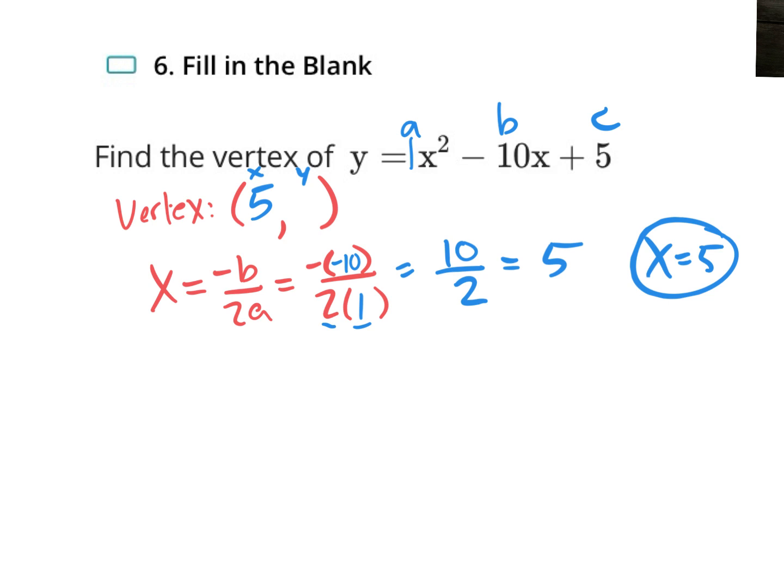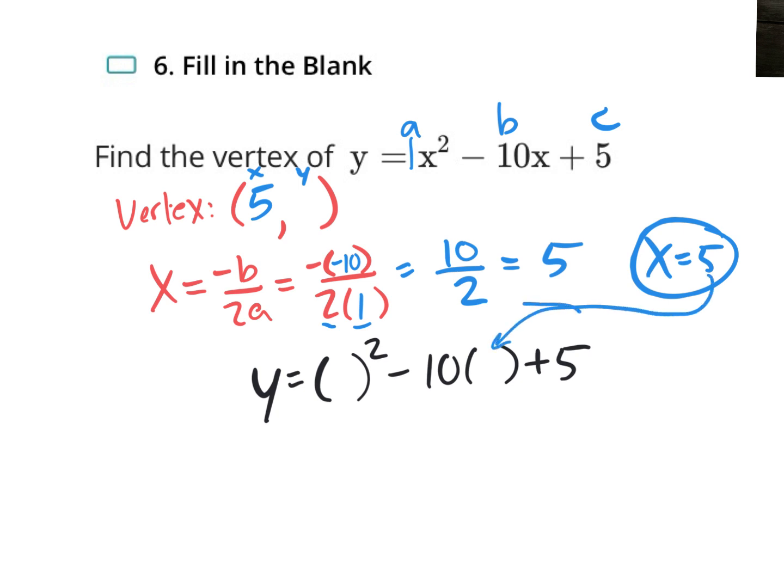So the safe way to do that would be to rewrite the original y equals x squared minus 10x plus 5, and then plug in your x value of 5 into those parentheses. 5 right there, 5 right there. When you do the math, you could type all of this into a scientific calculator exactly the way it is, and it'll give you the y value.